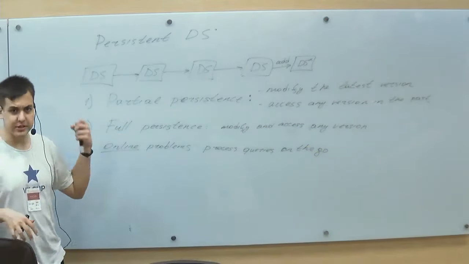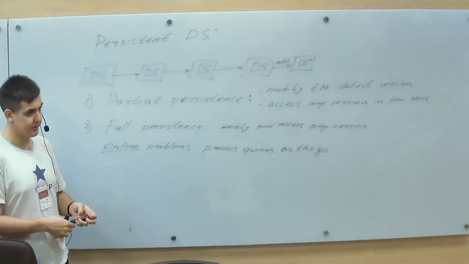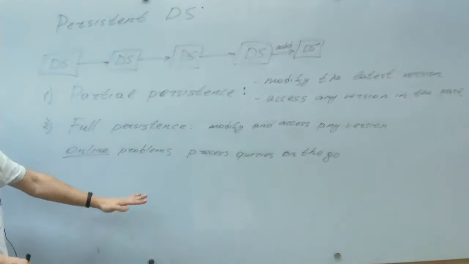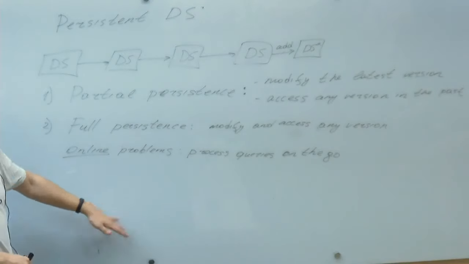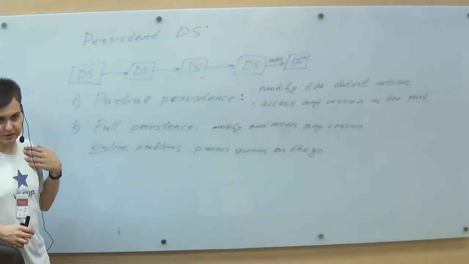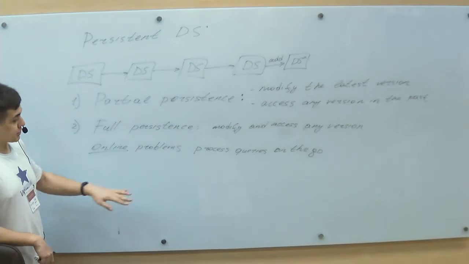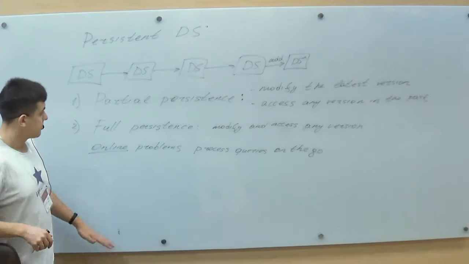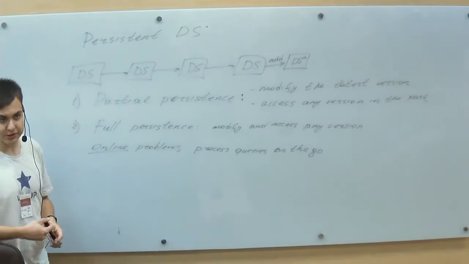Offline, of course, is where you have all the input data right from the start, and you can sort the queries, or you can calculate something and build a compressed segment tree, for example, on those queries, and so on. So usually, when you have online problems, the persistent data structure is your choice.